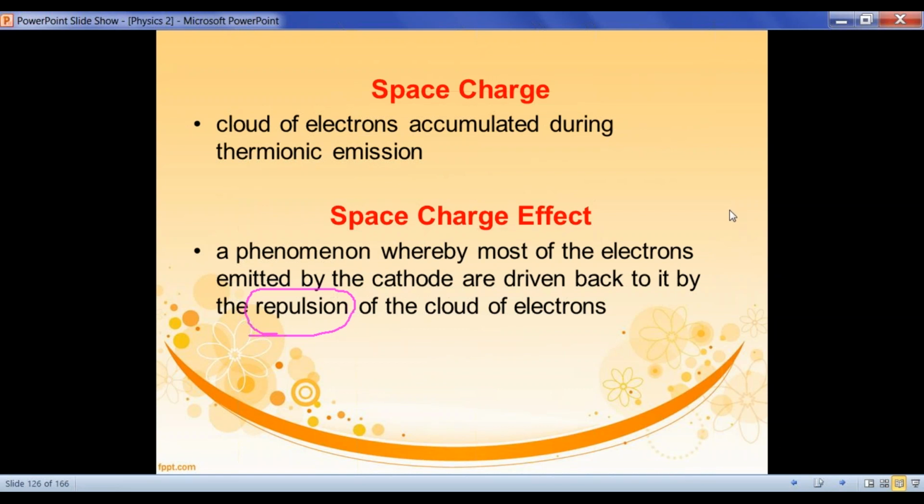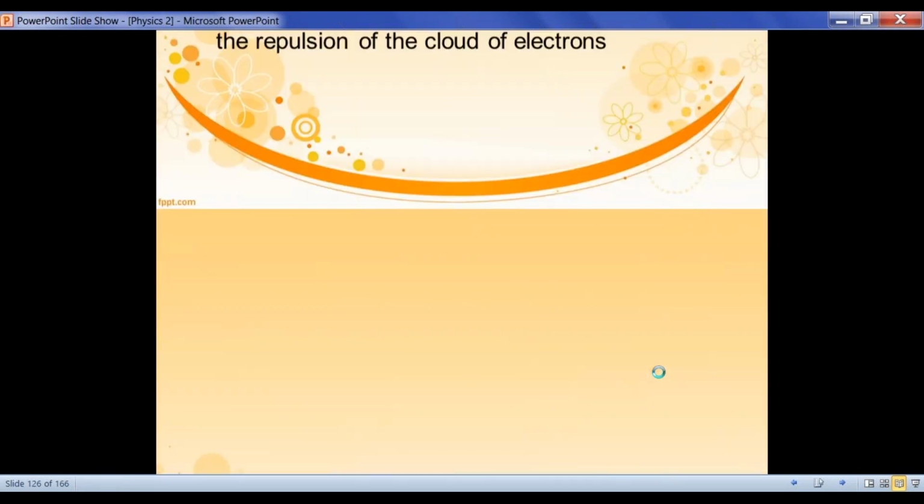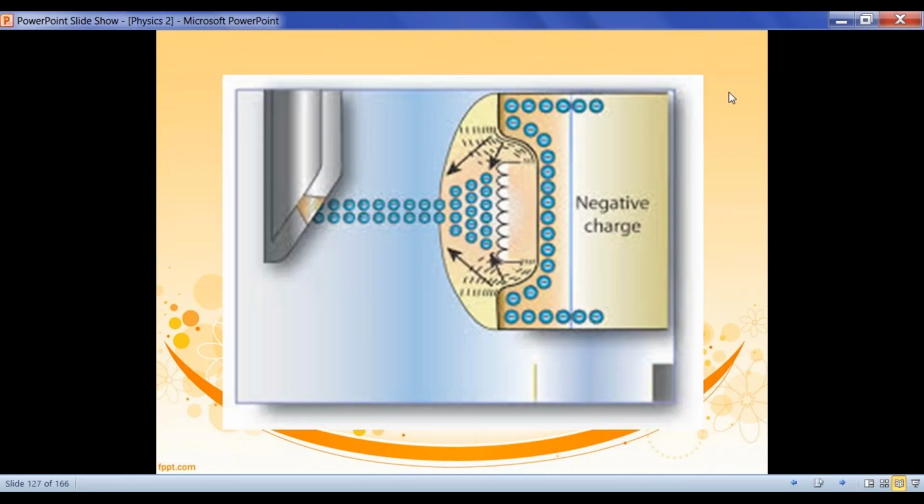So, ano pong ibig sabihin talaga ng space charge effect? Meron po tayong diagram dito. Ang sabi po natin kanina, yung ating focusing cup ay mag-focus ng mga electrons, yung ating filament ay mag-produce naman ng mga electrons.